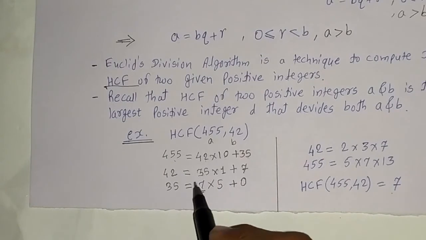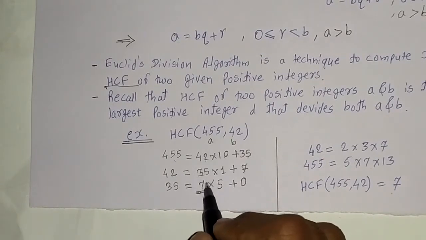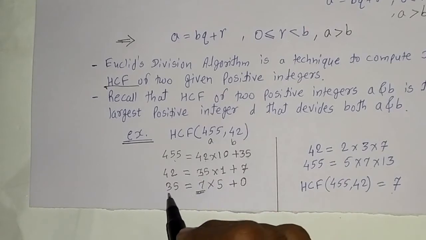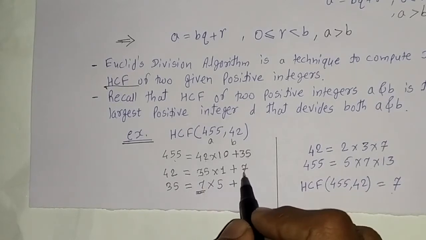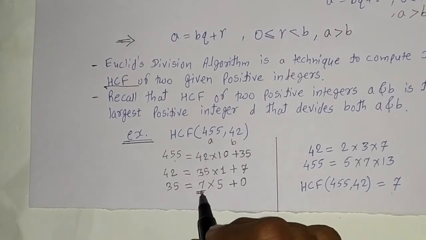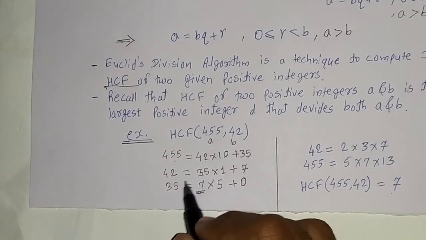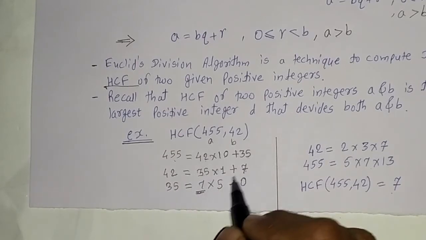In our third step, the next step will be divisor. Here we have divisor as 35. This becomes the dividend. 7 is divisor, this is the remainder in previous step. So divisor becomes the dividend, remainder becomes the divisor.